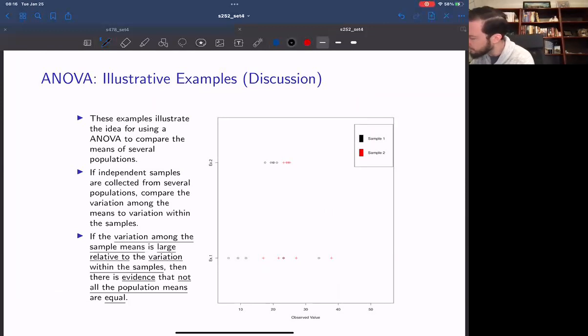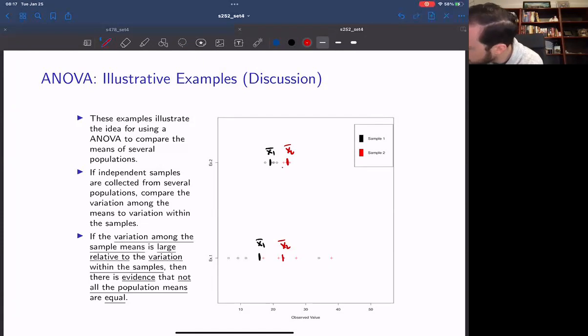So the means are going to be at roughly the same points. X bar 1 here, X bar 2 here.